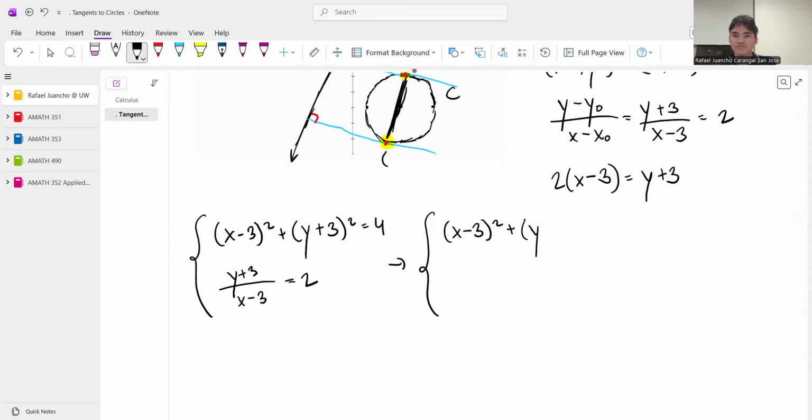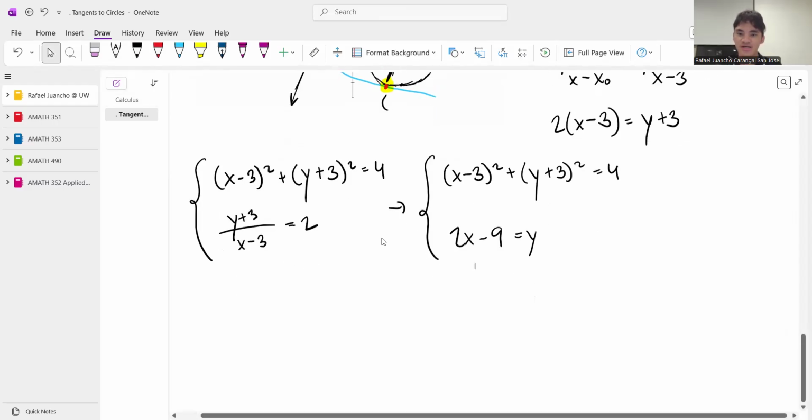I can just rewrite the equation at the bottom. This would be 2x minus 6 equals y plus 3. Oh, so that would be 2x minus 6 minus 3, which is 2x minus 9, is y.